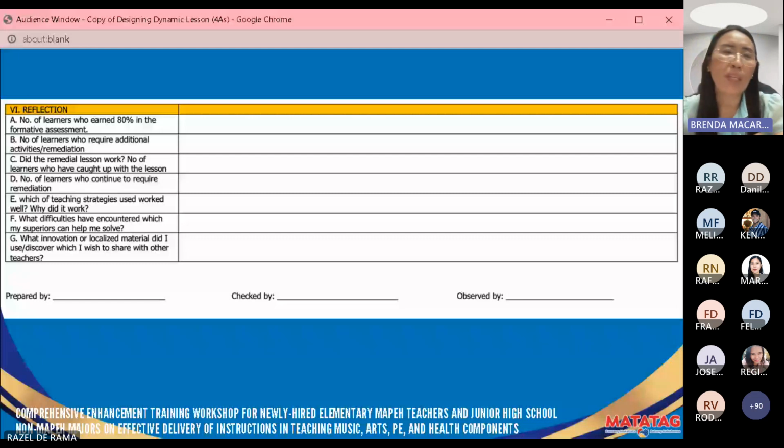Okay? So, kailangan pa rin, let us take note on this. Ito, hindi siya non-negotiable. Of course, kailangan, as much as possible, we need to ensure that the procedures that we will be using in the execution of our teaching and learning process or the delivery of our lesson, it will achieve the stated objectives of our lesson.